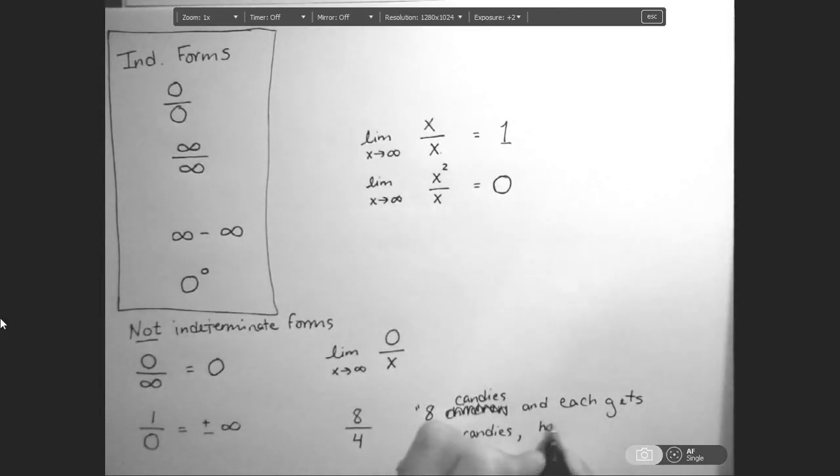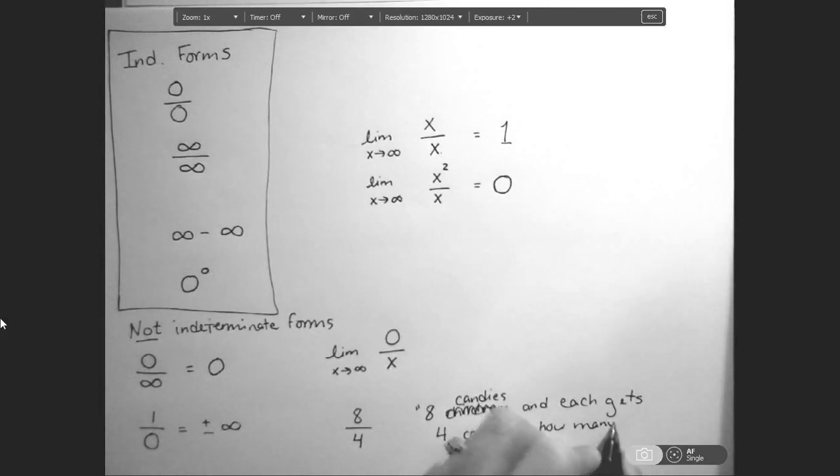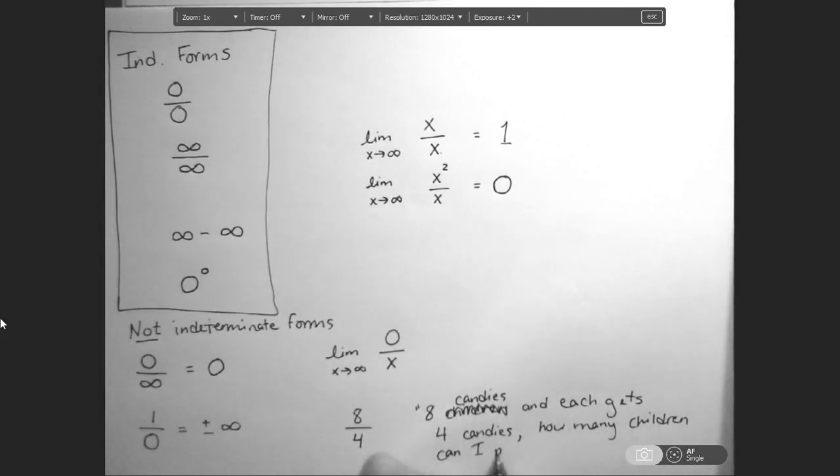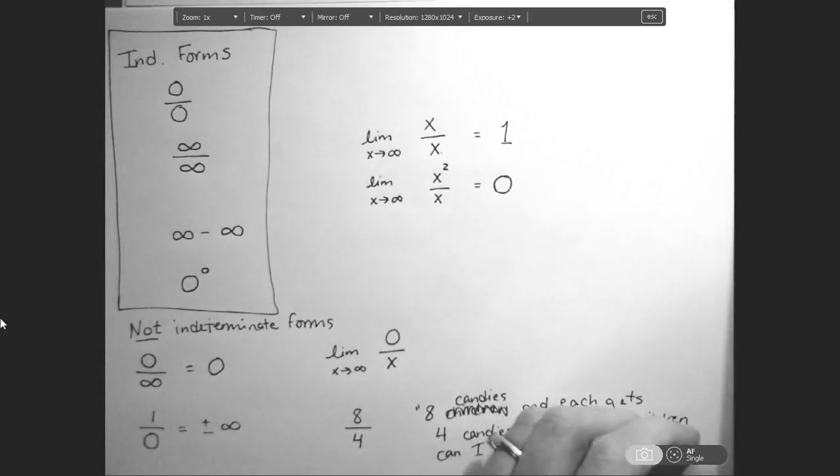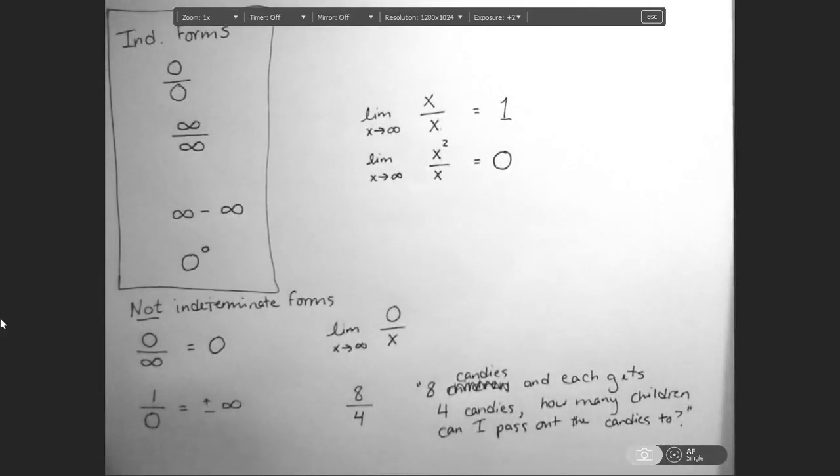How many children can I pass out the candies to? And we see that if I have 8 candies and each child gets 4 candies, then I can only do that for 2 children, right?